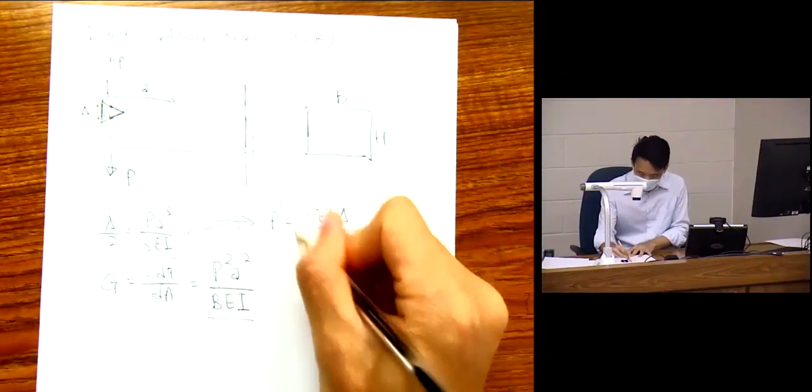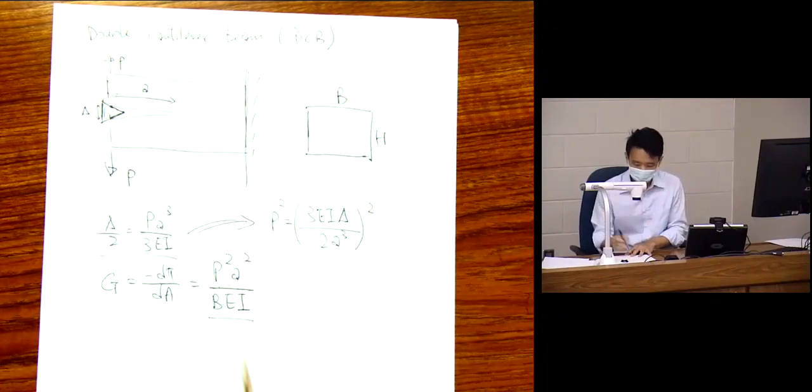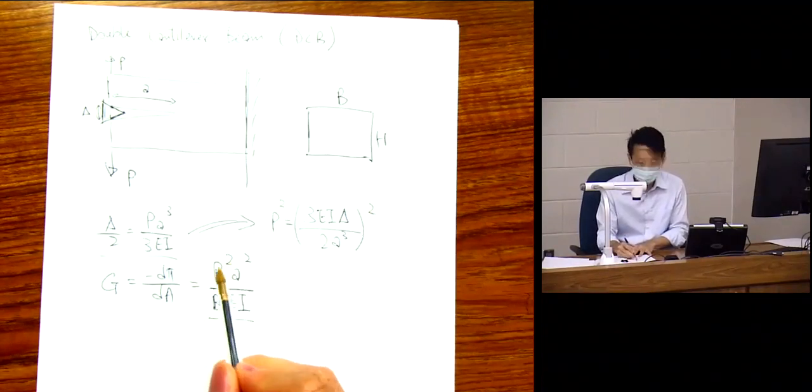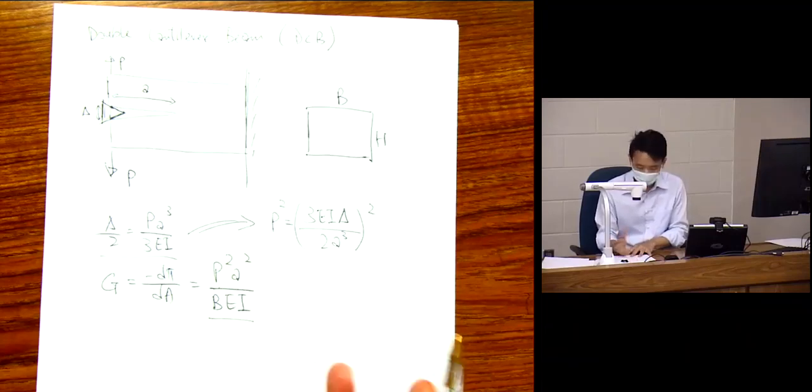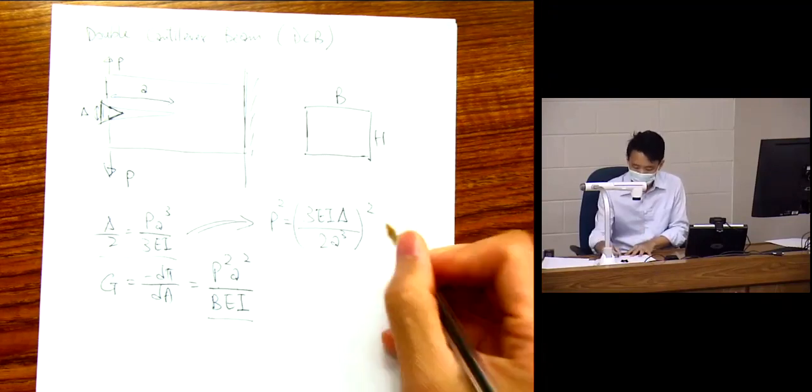And I'll take a square of that. The purpose of this derivation is I want to get rid of P squared, right? Because I don't have P. I don't know what P is. I can control delta. I want to instead express G in terms of delta.